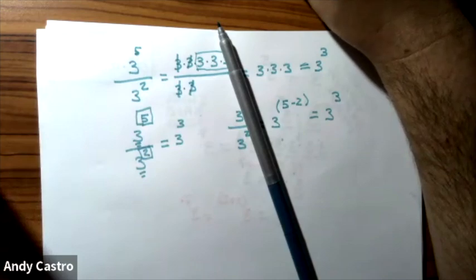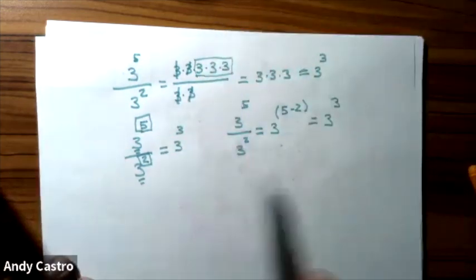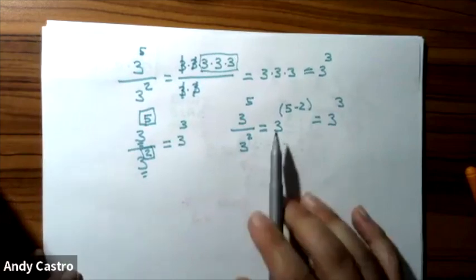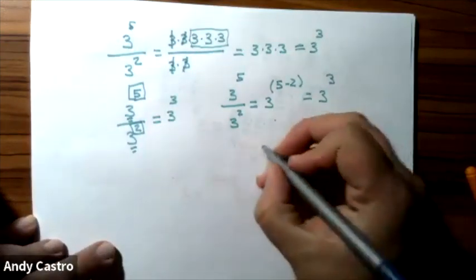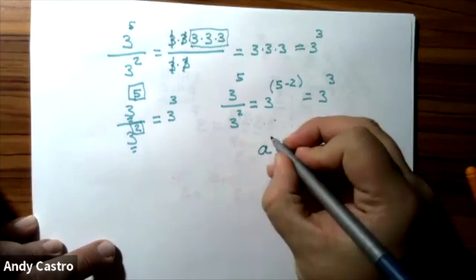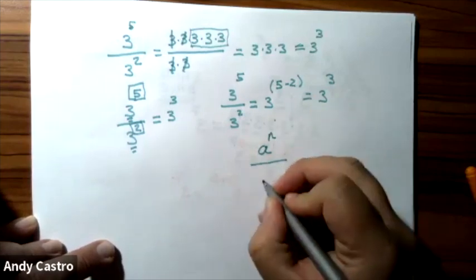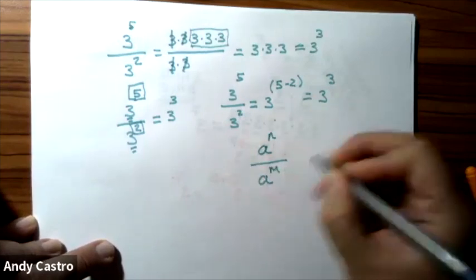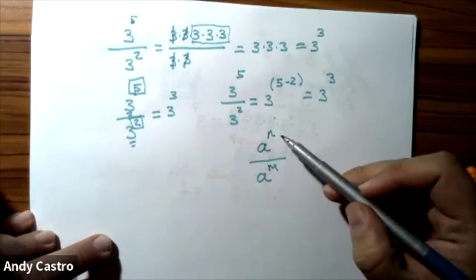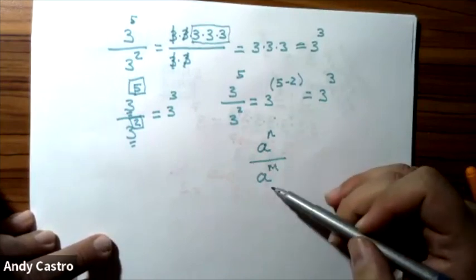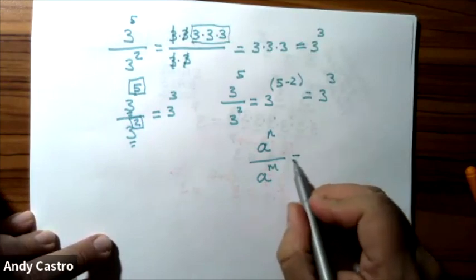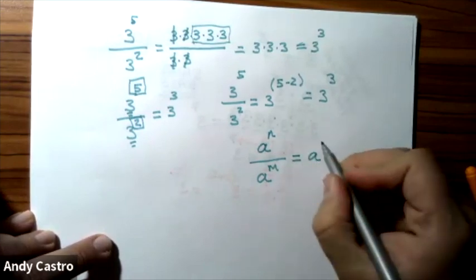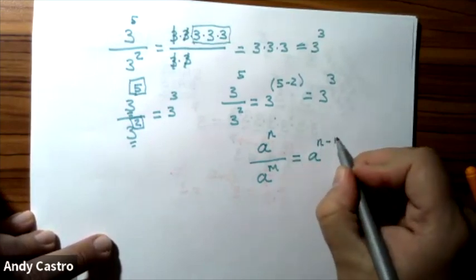That's okay. All right. So that is going to bring us to our second general rule, and that is when we share bases and we are dividing a to the nth power divided by a to the mth power, that is equal to a to the n minus m.